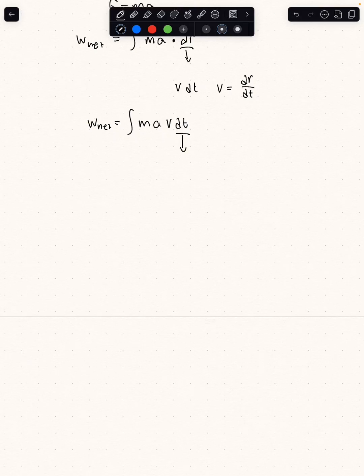Now, remember that dt is going to be, so what we'll do is we'll write it as dv over a. So that's what dt is equal to. And the reason is because acceleration is, remember, the first time derivative of velocity.